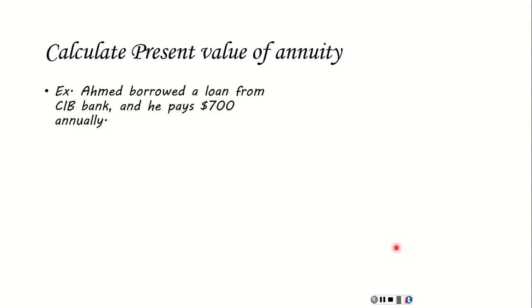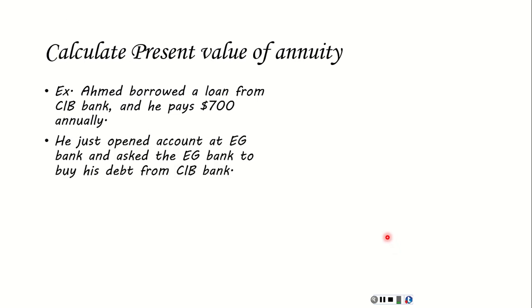Our objective today is to find the present value of annuity. Let me show a simple exercise about Ahmed, who borrowed a loan from CIB Bank, by which he pays $700 annually. But Mr. Ahmed opened another account at EG Bank and asked EG Bank to buy his debt from CIB Bank.